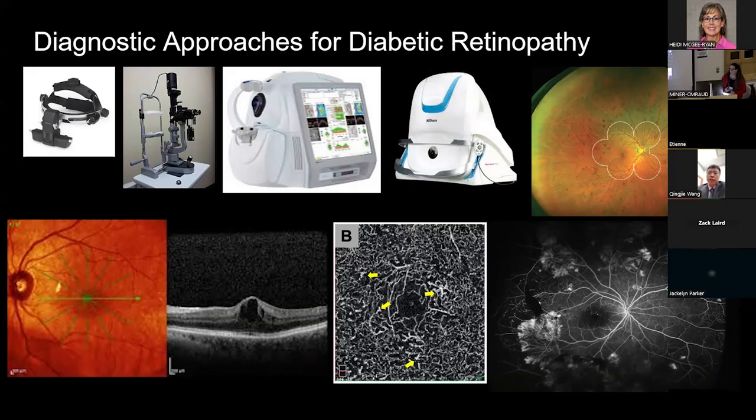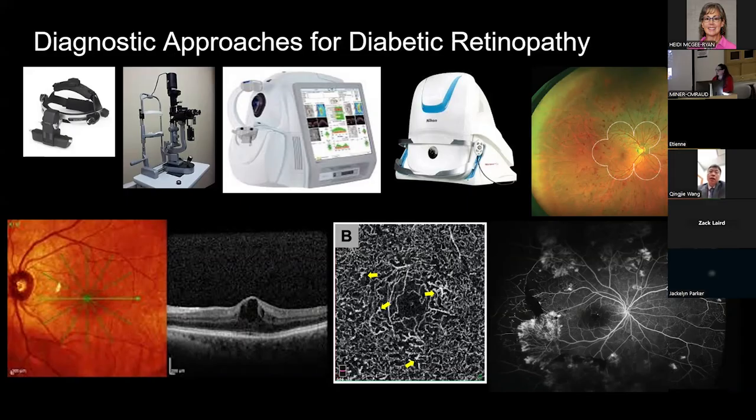Those we can see directly. Of course, we all need our amazing ancillary staff members to help us obtain further imaging workup, including OCT, especially looking for macular edema, and sometimes OCTA to further define or stage the diabetic condition.